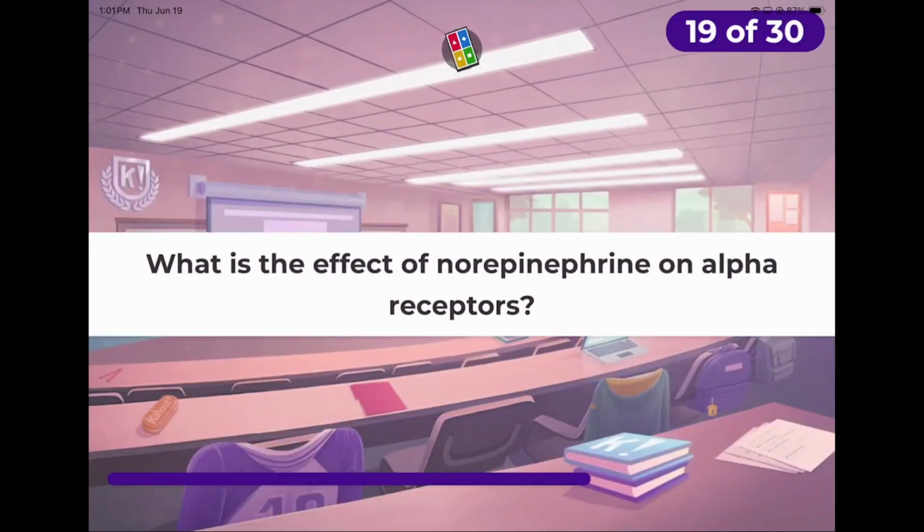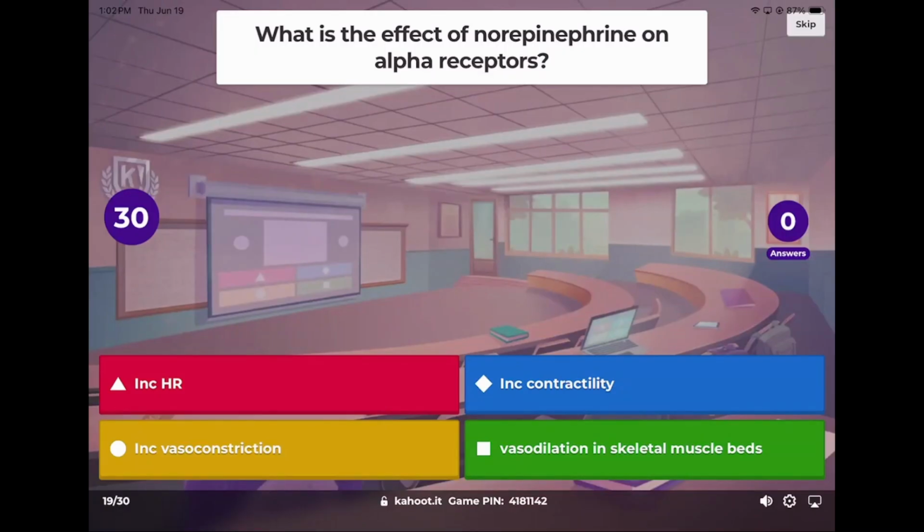What is the effect of norepinephrine on alpha receptors? Where are the alpha receptors found? That's your first thing you've got to figure out. Are the alphas in the heart or are they in the vasculature?